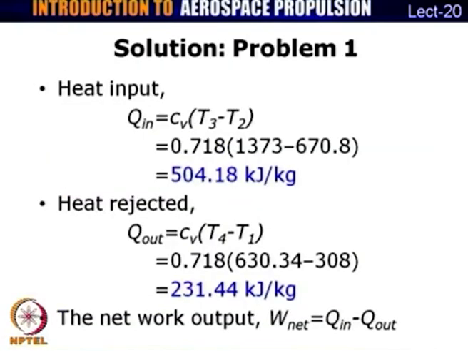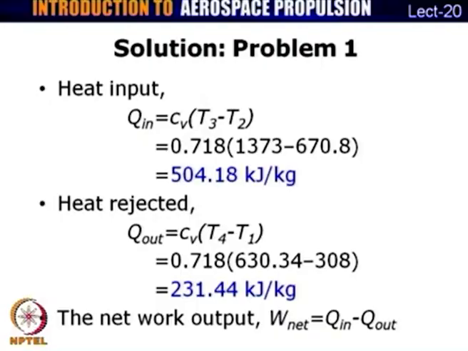So, we know that heat input for an Otto cycle is during the constant volume process 2-3. Therefore, heat input is equal to Cv into T3 minus T2, where Cv is specific heat at constant volume. For air, we have already assumed that air is the working medium, because it is an air standard cycle.